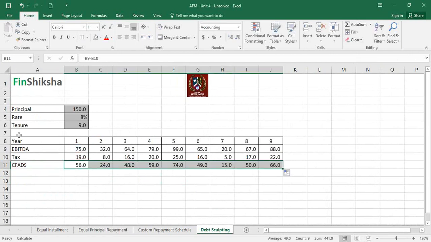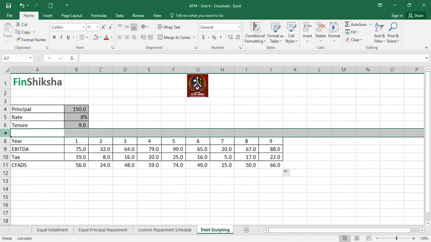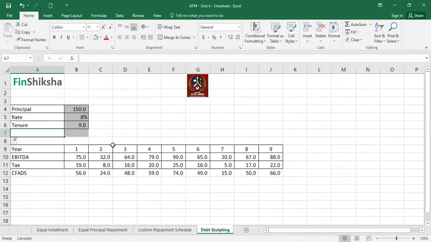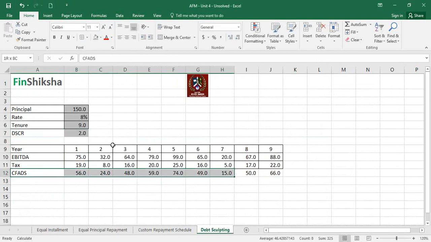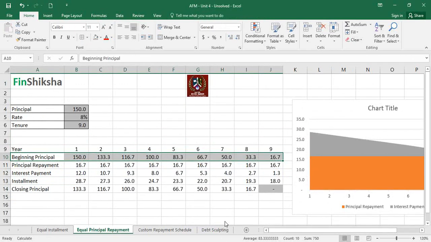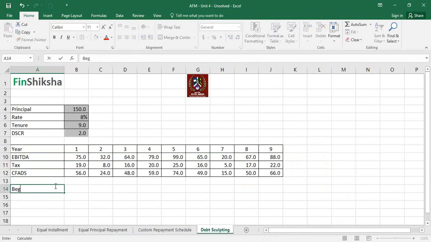We will also introduce a row here just to insert what is the expected DSCR, debt service coverage ratio. That's expected to be 2, right? If DSCR is expected to be 2, we can start with our discussion on the principal, beginning principal, and so on and so forth. So let's actually just write it here.